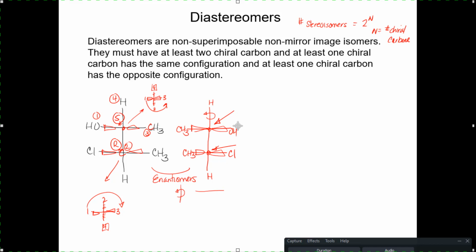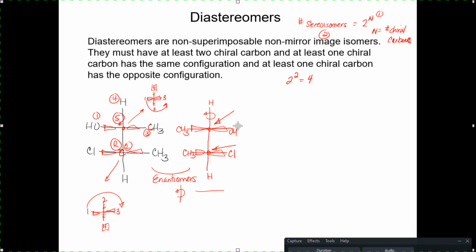So when we've been doing these problems with just a single chiral carbon, there have just been 2 possible stereoisomers. But now with 2 chiral centers, that means there's 2 squared or 4 possible stereoisomers.